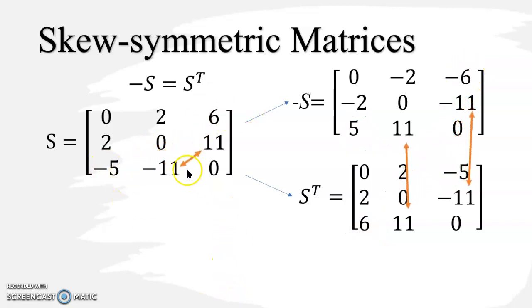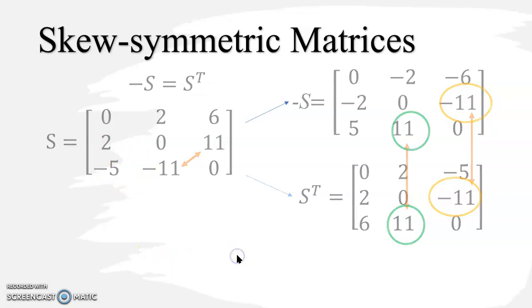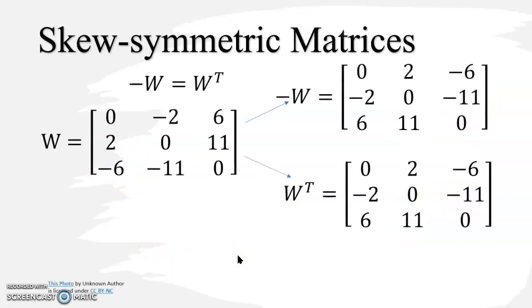Did 11 work, or negative 11? Actually it did, because I have a positive 11 in the 8th entry matching up with my negative 11. So I just need to make one of these 2's a negative and this 5 a 6. That will give me a skew-symmetric matrix, which is pretty cool.